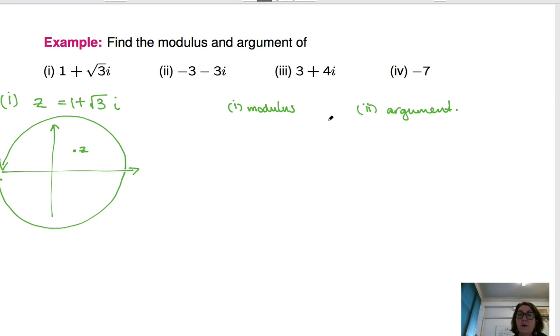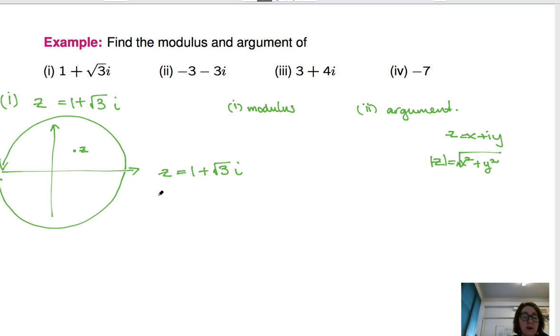All right, so remember we said if z was a complex number in Cartesian form, x plus iy, then the modulus of z was just equal to the square root of x squared plus y squared. So in this example, my complex number is equal to 1 plus the square root of 3 i.